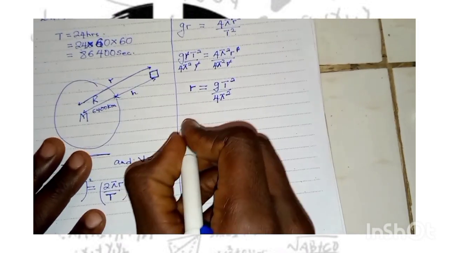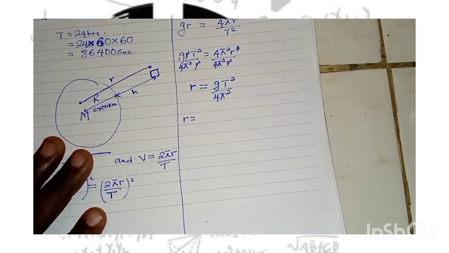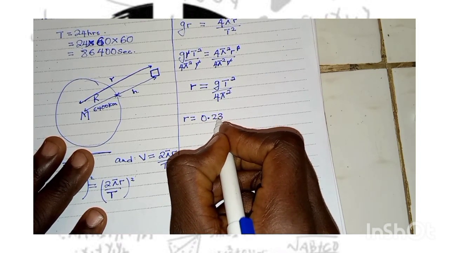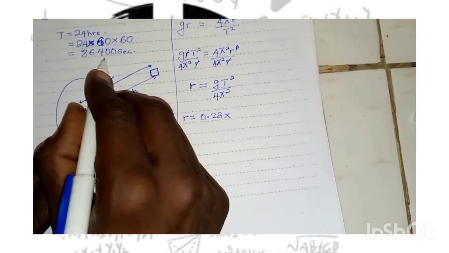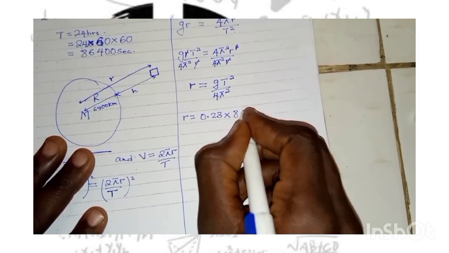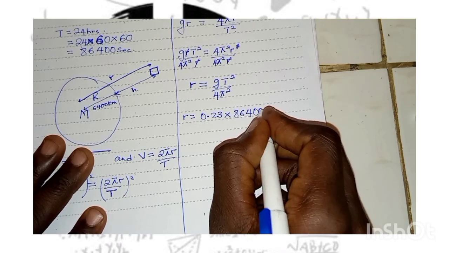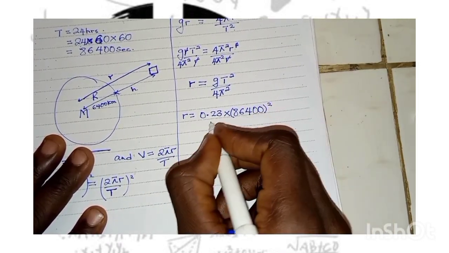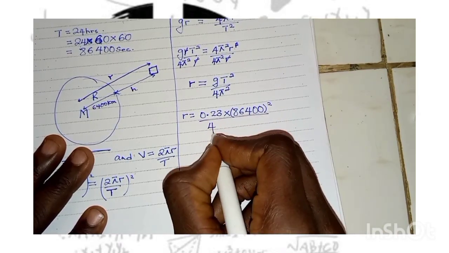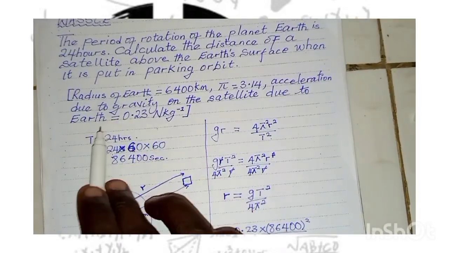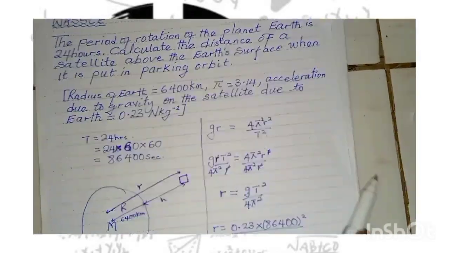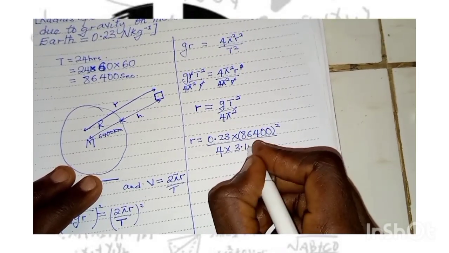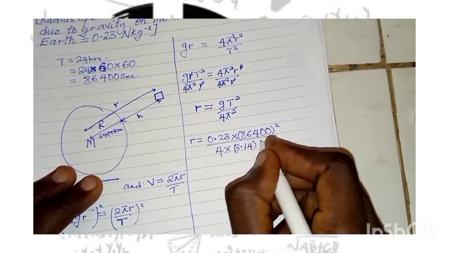With all these variables given, we have r equals, what is g? g is given as 0.23. What is T? We already converted that. It is 86400, and this has to be squared, divided by 4 multiplied by pi, which we were told at the beginning is 3.14, whole squared.